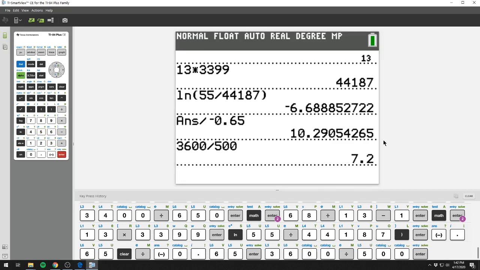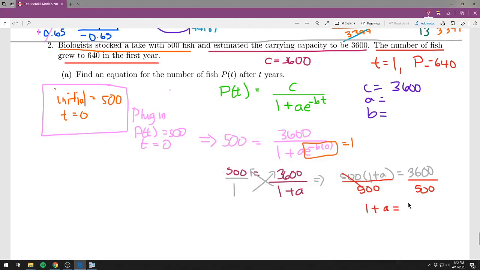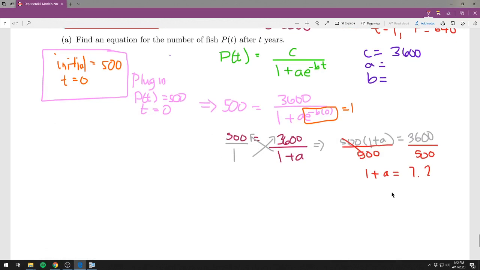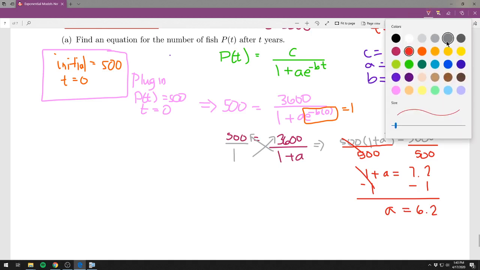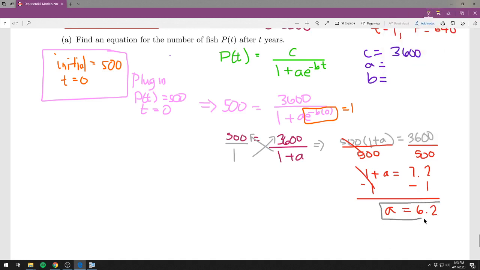If you leave that as a decimal, since it's 7.2, it's a nice decimal, that is fine. 7.2. And subtract the 1 to get A. We got A equals 6.2. And that's another thing we want to solve for. Remember, we need A, B, and C, and we got A and C now.